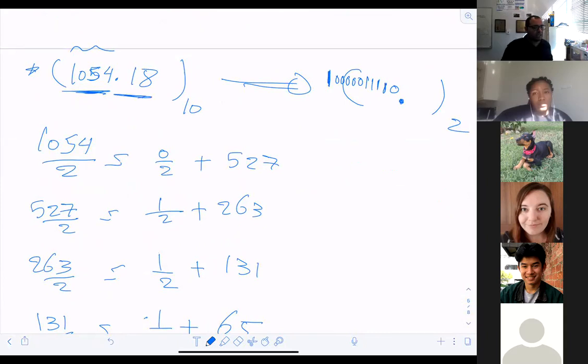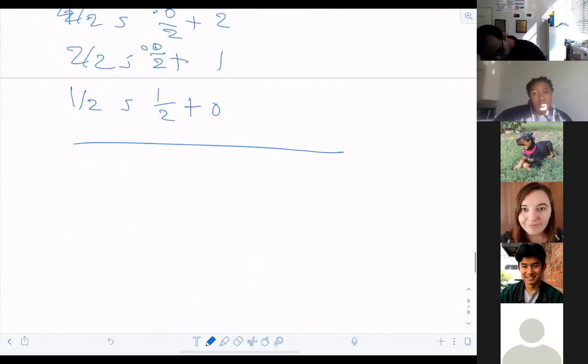The second part of the question is 0.18. So I will take 0.18 and multiply it by 2. 0.18 times 2.